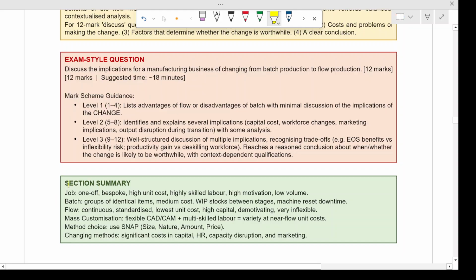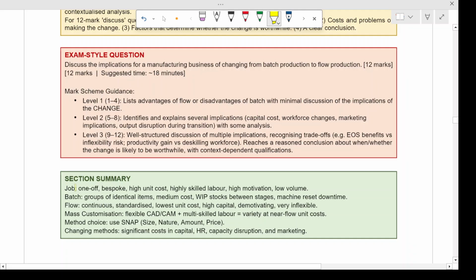So the section summary: job production means one-off production. It is bespoke. It has a high unit cost. It needs highly skilled labor. It also contributes to high motivation of the employees, and it is best for low volume. Batch production is when you make groups of identical items.